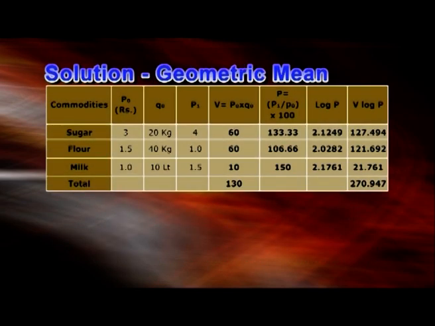Now, let us calculate the index number using geometric mean of price relatives. As a first step, we will prepare the table for getting the necessary values.